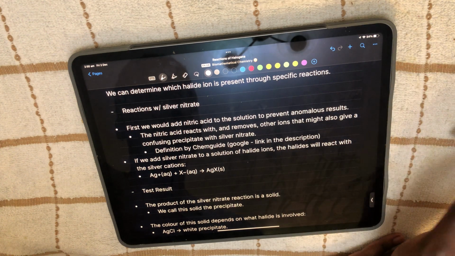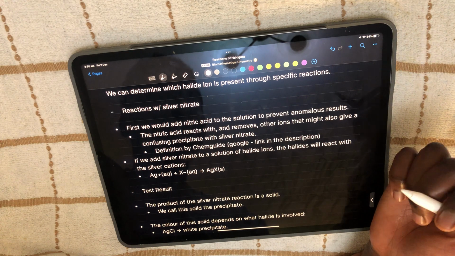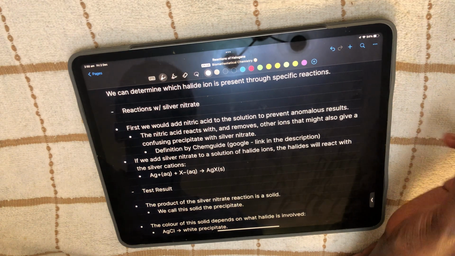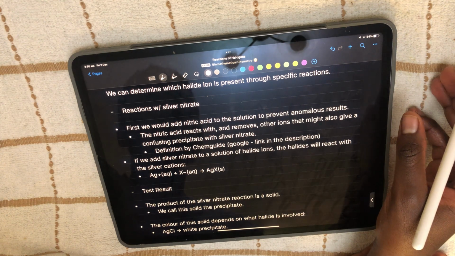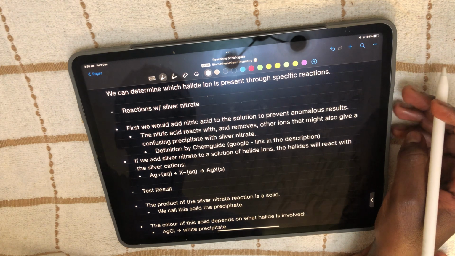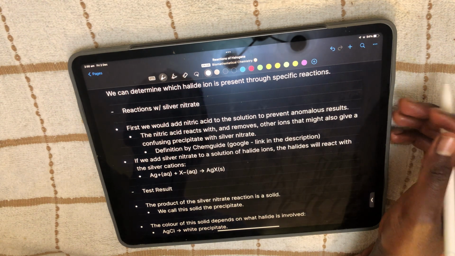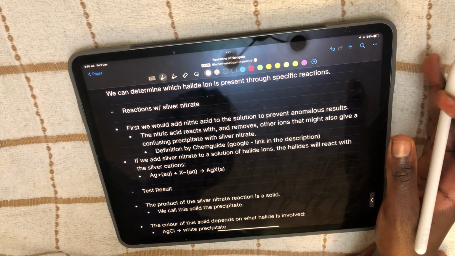All the nitric acid does when you add it to, you have 3 test tubes, right, or 4 test tubes, of your ionic salt. You add your nitric acid first, to make sure that if there's any carbonates or soluble hydroxides in there, it removes them.